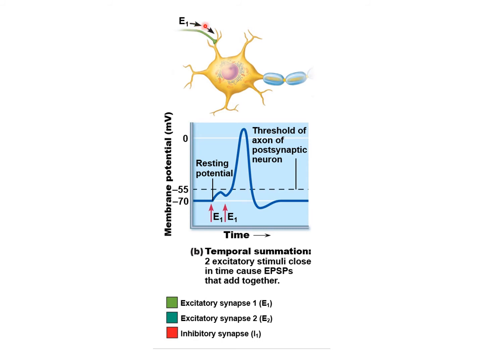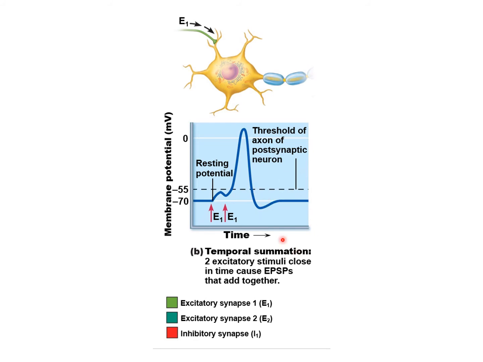but before it can completely rest, we send a second. We see that second arrow? A second action potential is sent in succession. So before it can completely relax, now we have another one building on the first one, sort of piggybacking on the first depolarization, and that was enough now to cross that threshold of -55. And once you cross threshold, you're getting the action potential: depolarization, repolarization, hyperpolarization, and back to rest.